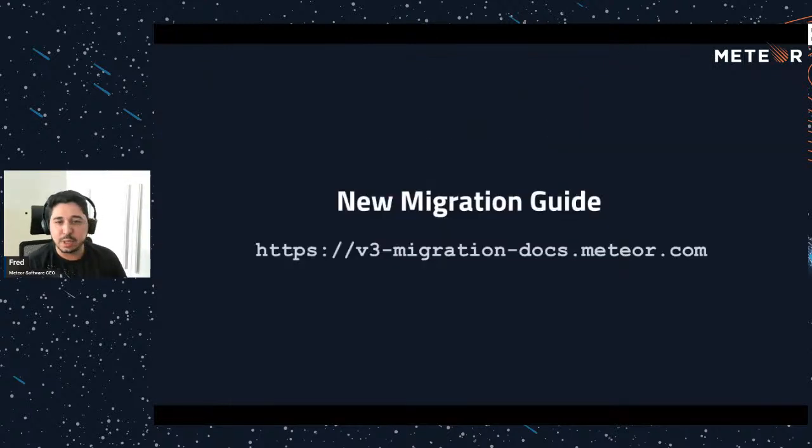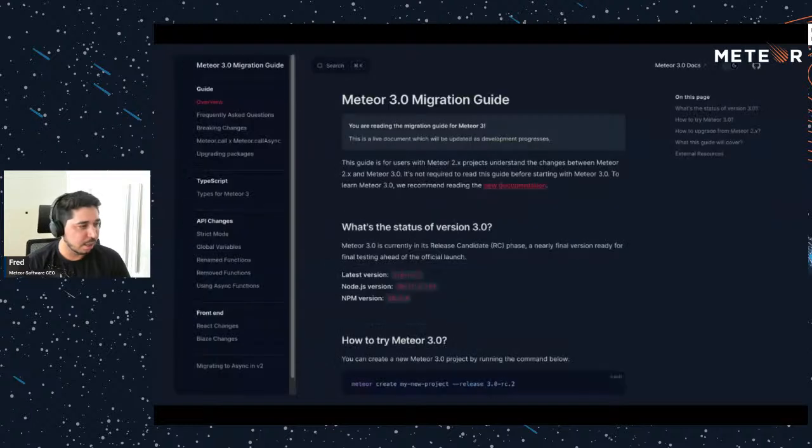The other thing that we launched about Meteor 3 was the migration guide. We have been working on this for quite a while, and this is how it looks. We try to add frequently asked questions, what were the breaking changes, and many details about what changed between Meteor 2 and Meteor 3.